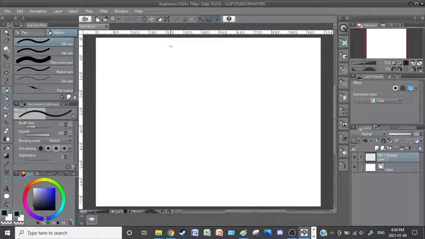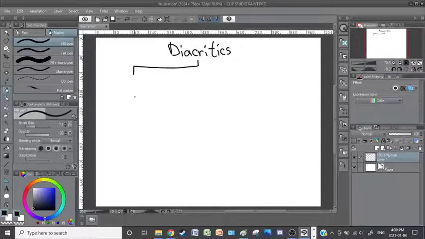Firstly, for diacritics, we have 4 types in total. We have one that appears above the letter, and I'll take the letter ba for reference.